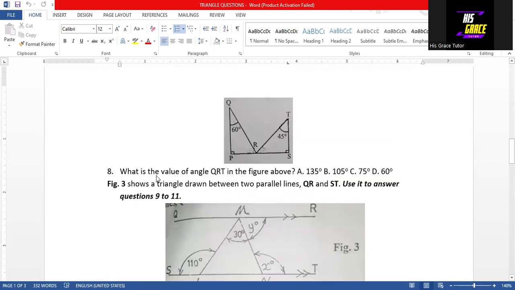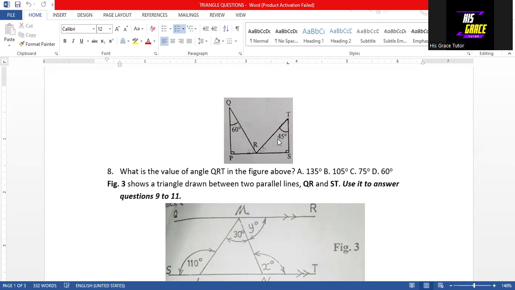So question 8 says that what is the value of angle QRT in the figure above? So angle QRT, we want to get the angle at this point. So as we have said before, sum of angles in a triangle is equal to 90 degrees. Which means that if this angle is 60 degrees, the angle here will be 30 degrees.